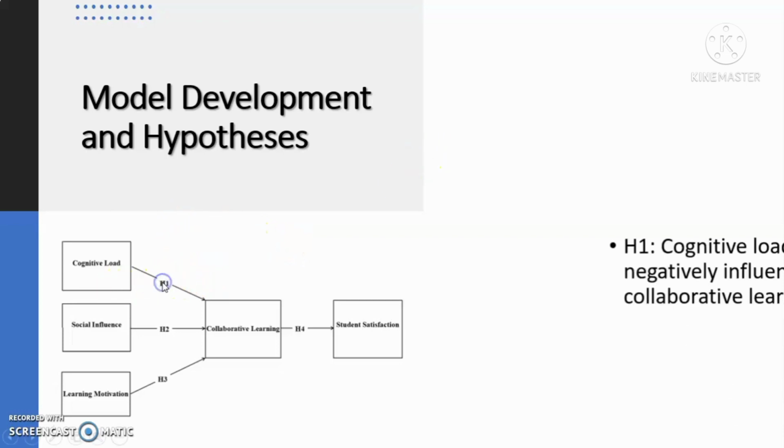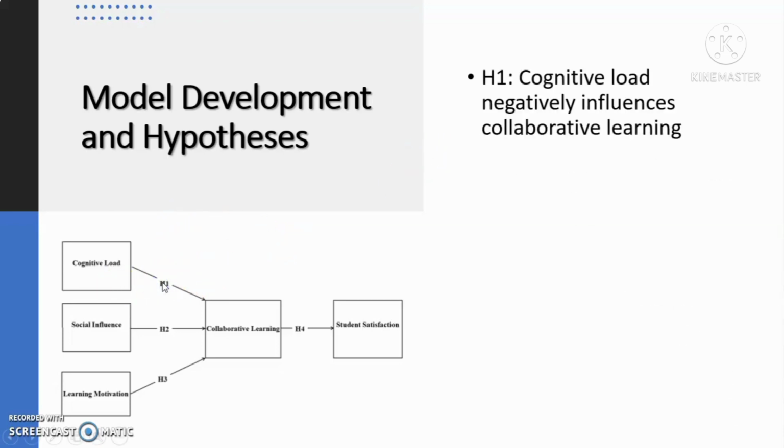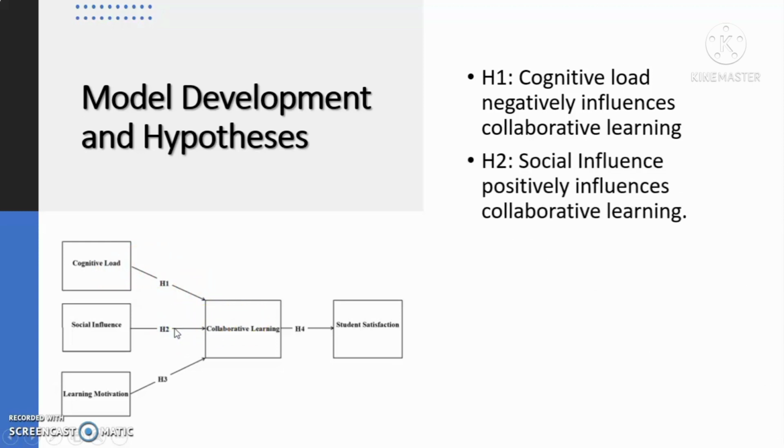The first hypothesis is this: cognitive load negatively influences collaborative learning. The second hypothesis is social influence positively influences collaborative learning.